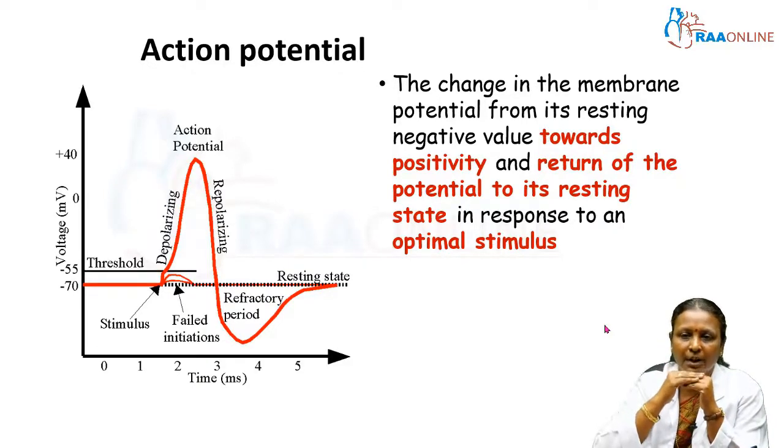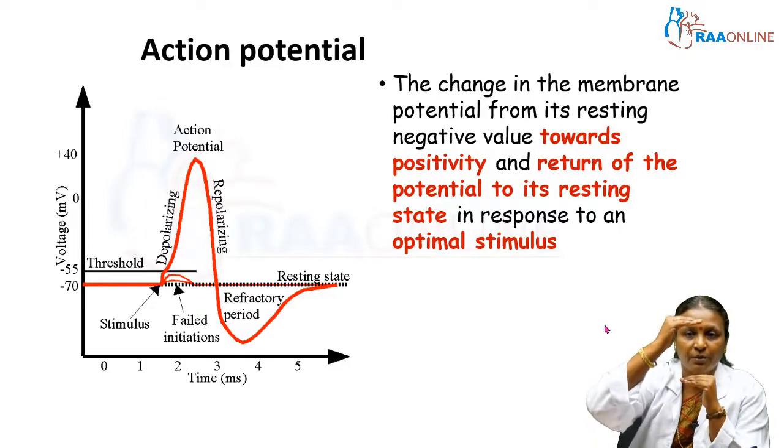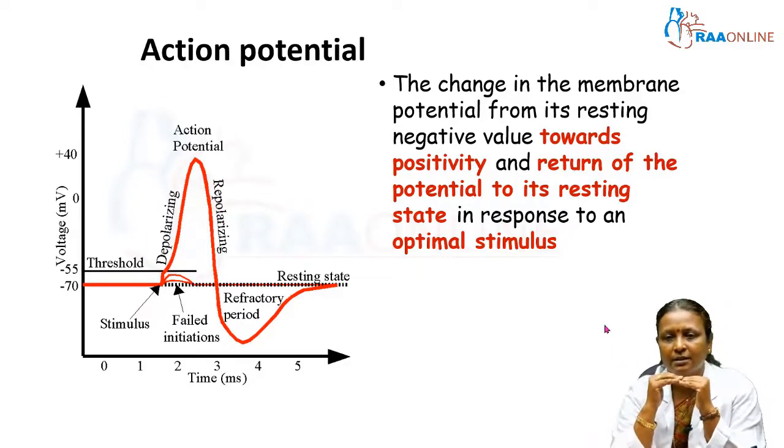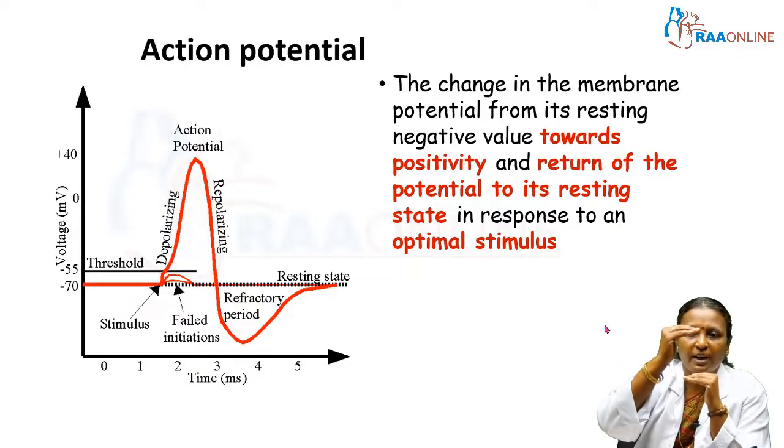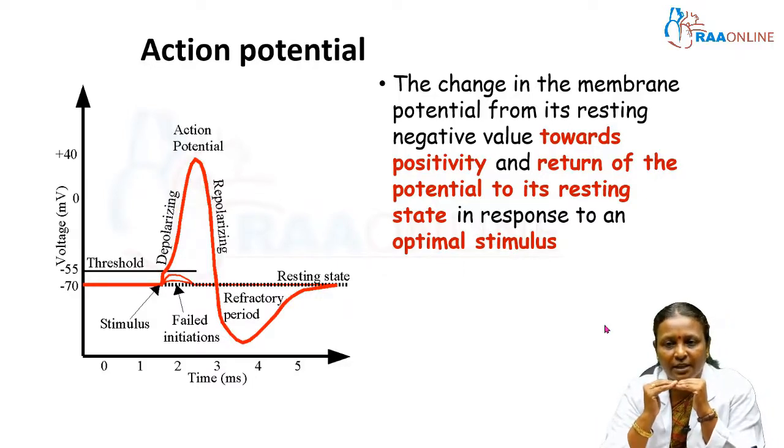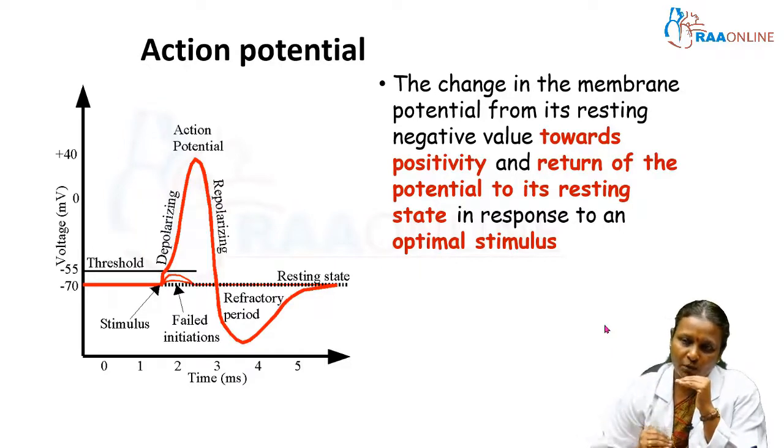Here, the membrane is moving from its resting state towards positivity. From the positive state, it is coming back to the resting state. Movement of the membrane from the depolarized state to the resting state, you call that repolarization. From resting state, moving below the resting state is hyperpolarization.